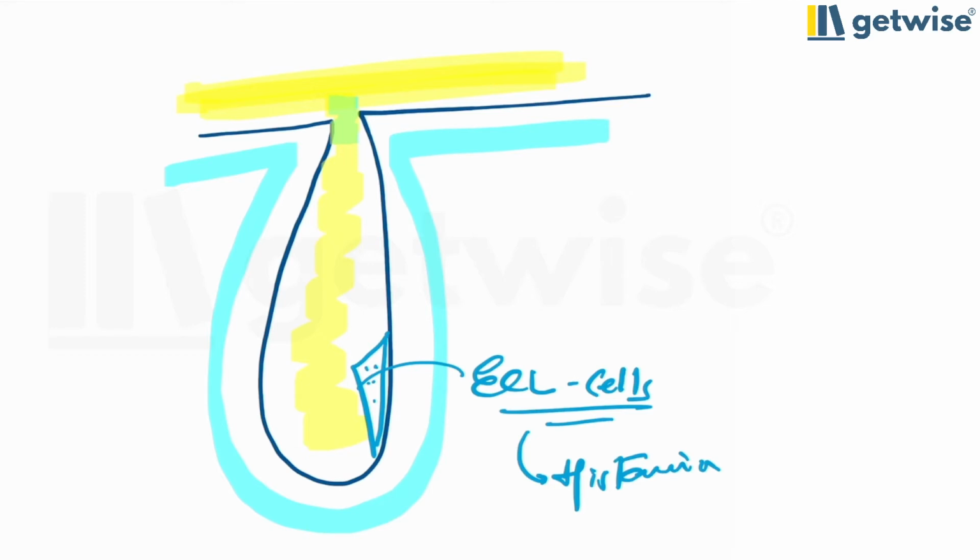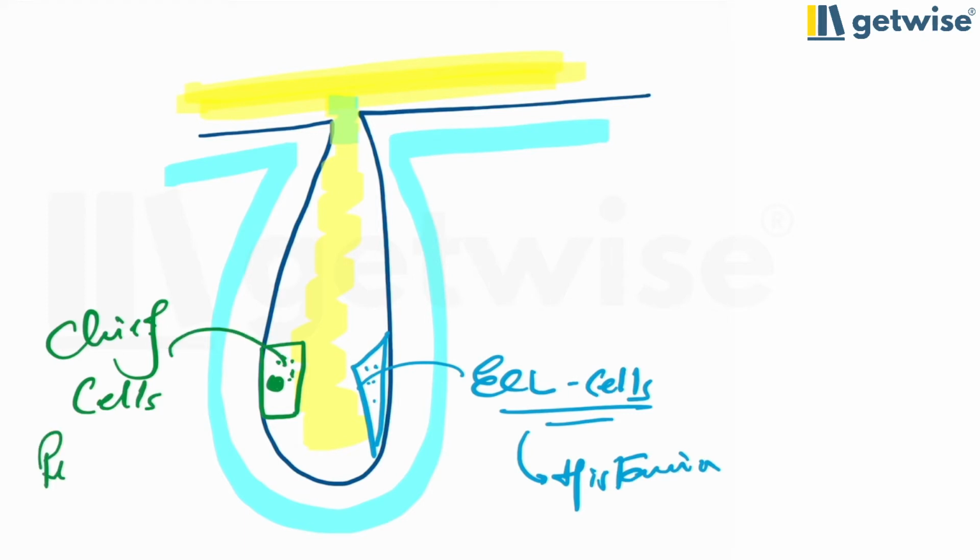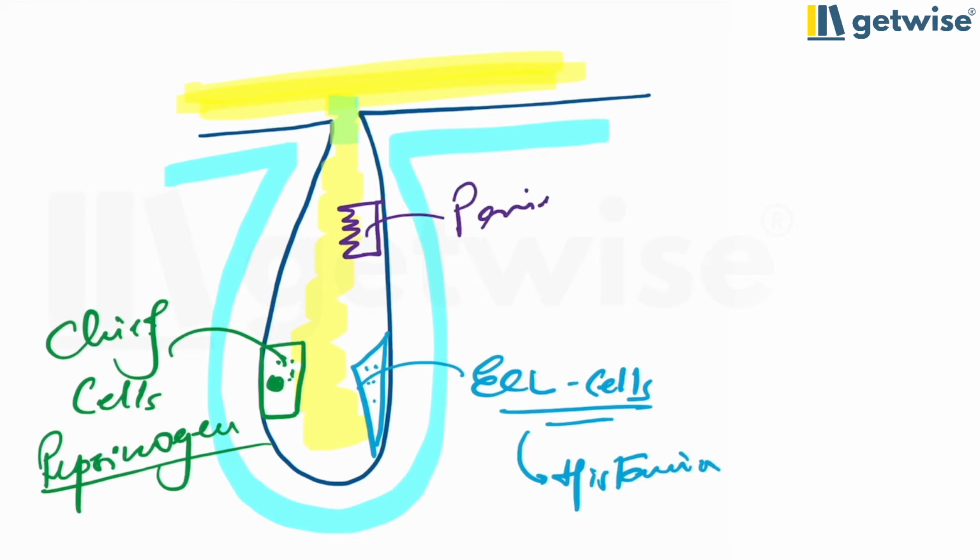The second cell is called the chief cell, and the chief cell secretes pepsinogen. And the last and most important cell is called the parietal cell, which secretes HCl and intrinsic factor of Castle.